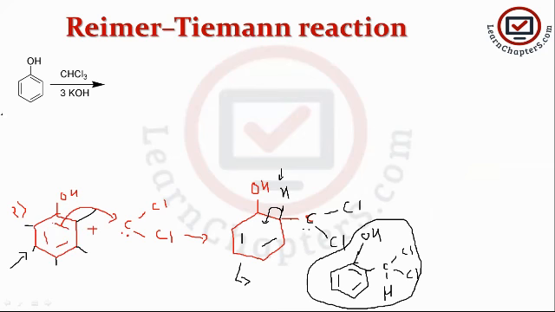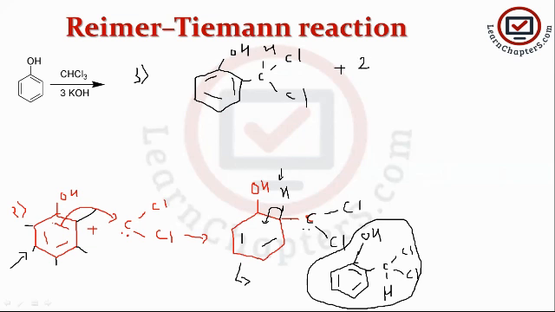So the next point is step number 3, where our same product, here it is OH, carbon, chlorine, hydrogen, it's a benzene, plus 2 base molecules, KOH. We know that KOH dissociates into K plus and OH minus.